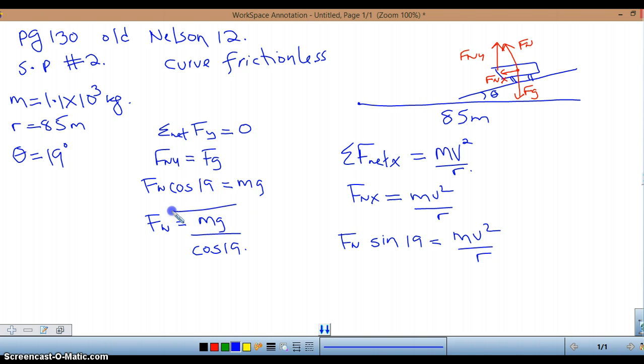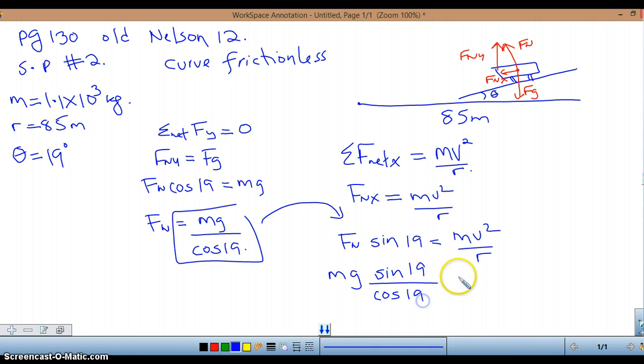Now what we're going to do is sub this into here, and you end up with mg sine 19 divided by cos 19, which equals mv squared over r. Now we know sine over cos is tan, so this becomes mg tan 19, which equals mv squared over r.